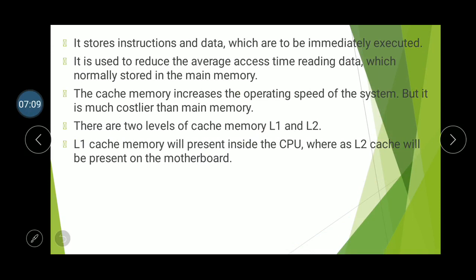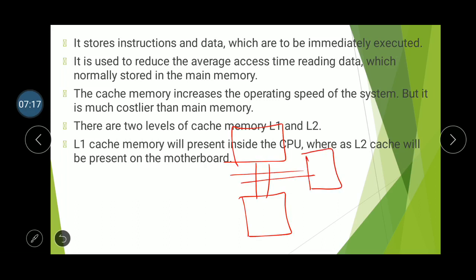That means, as I told, if this is a CPU and this is a memory, the cache memory is in between the main memory and the CPU. For the CPU, main memory is a little farther than the cache memory.